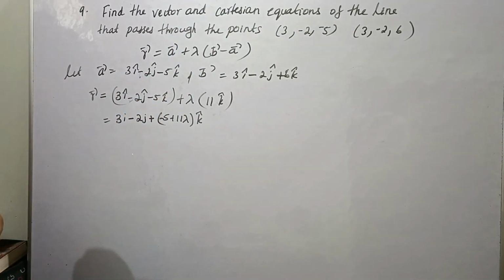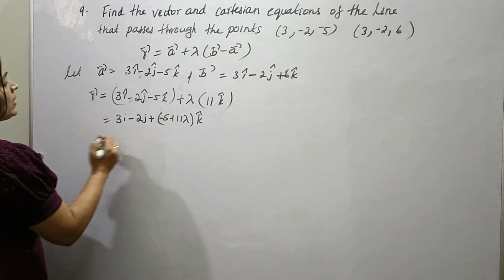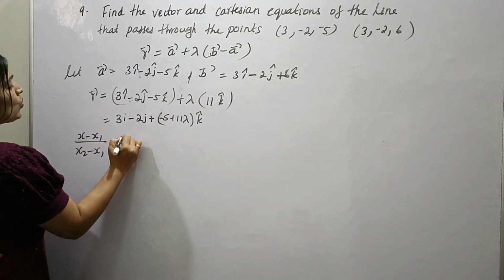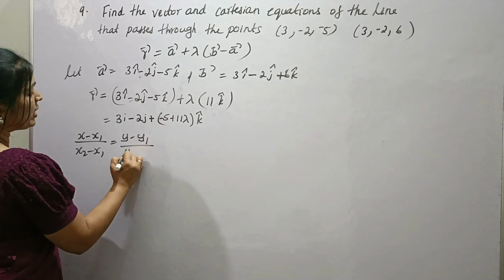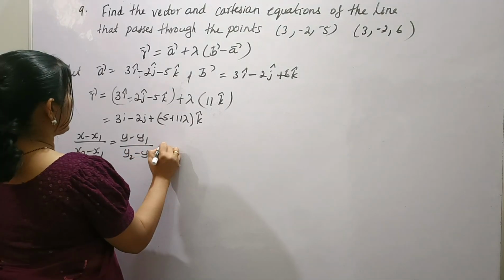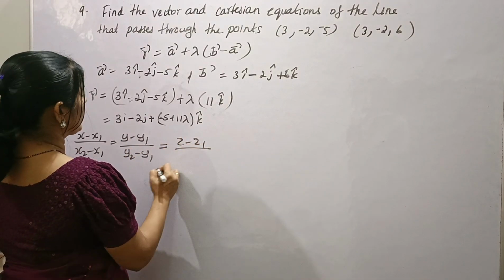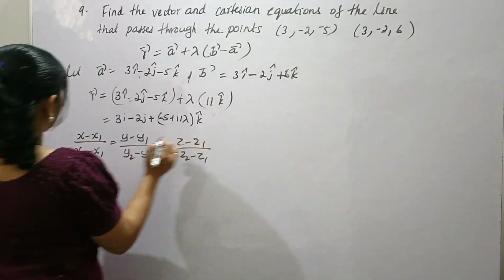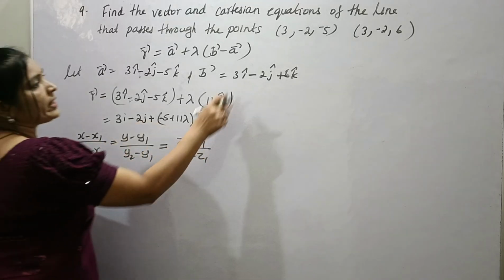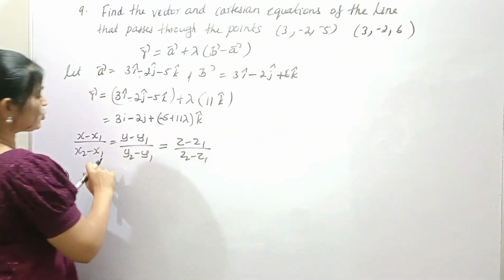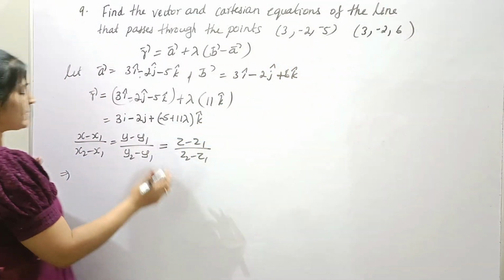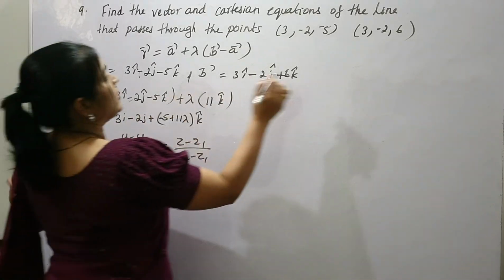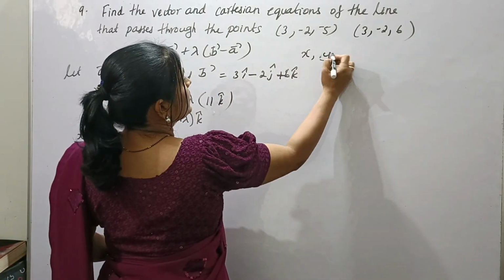Next, we have to write this equation of the line in Cartesian form, that is (x - x1)/(x2 - x1) = (y - y1)/(y2 - y1) = (z - z1)/(z2 - z1). Here (x1, y1, z1) is (3, -2, -5) and (x2, y2, z2) is (3, -2, 6).